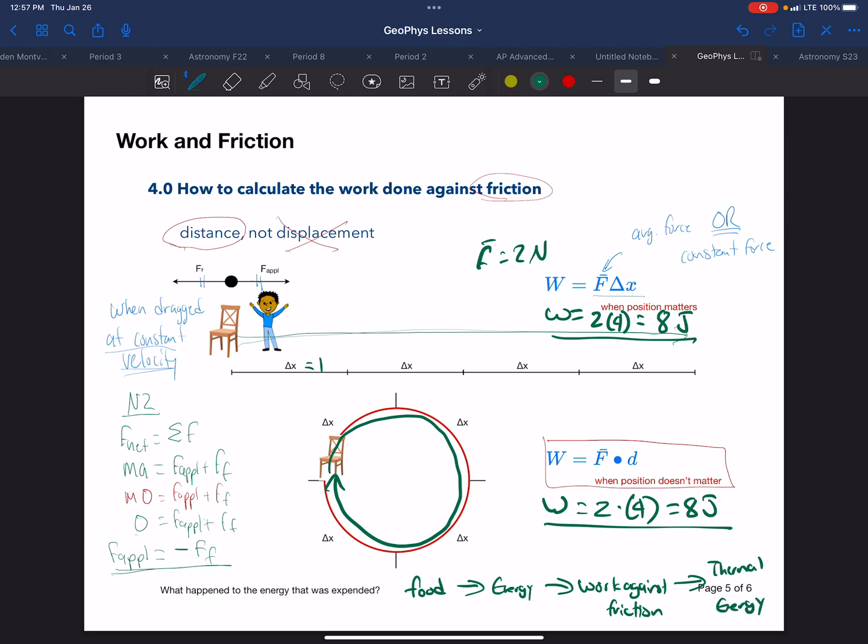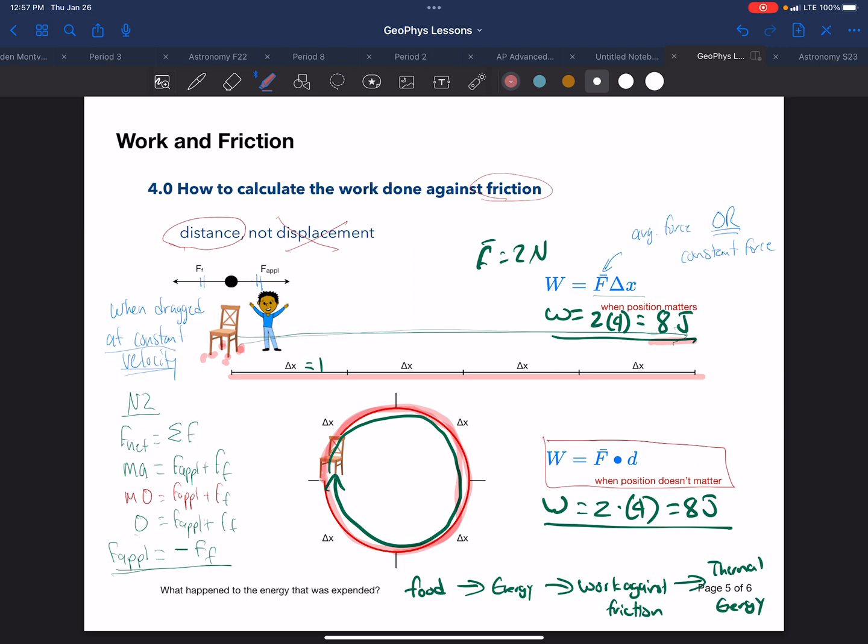So all of the work that was done moving this chair around went into heating up the bottoms of the chair legs and the ground that it was dragged across. So this 8 joules of work that was done went into warming up the ground and the chair legs, 8 joules worth.